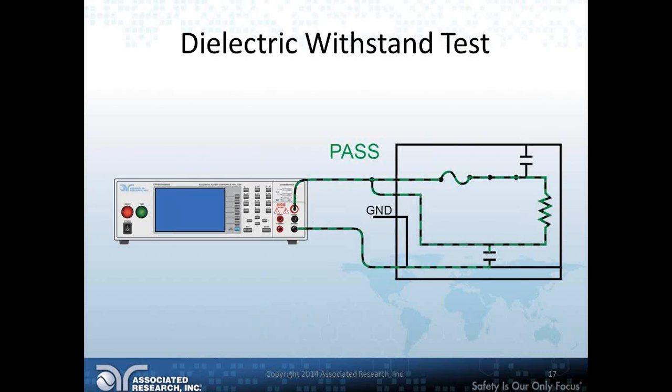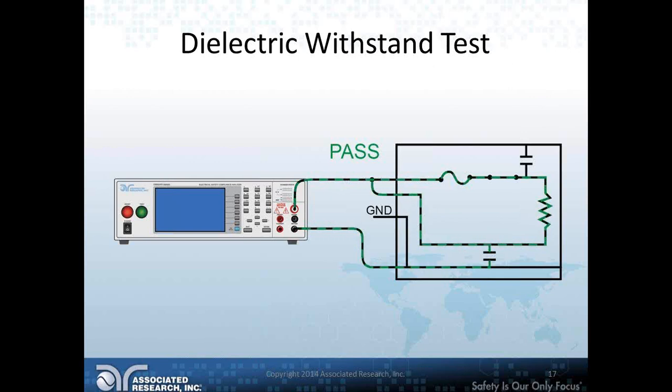And if you look at this picture, what we're trying to show here is that we even have two symbols for capacitors on the insulation side, between the insulation and the mains conductors.